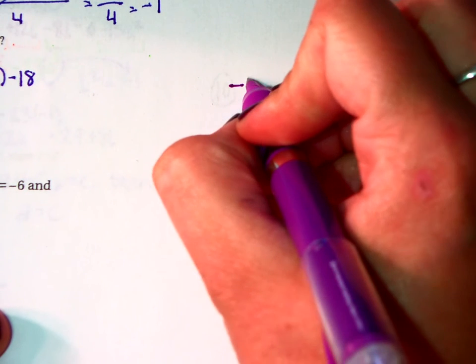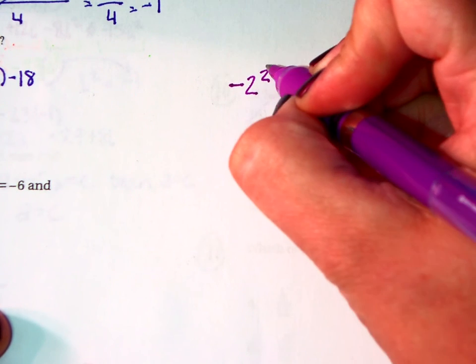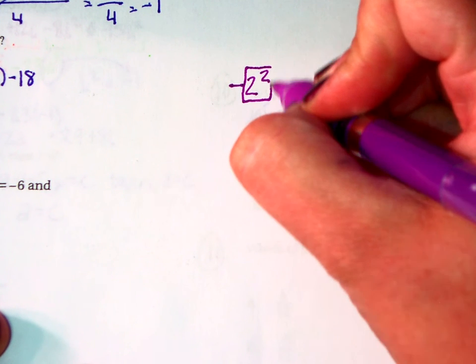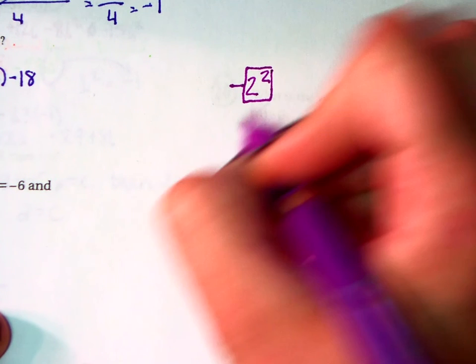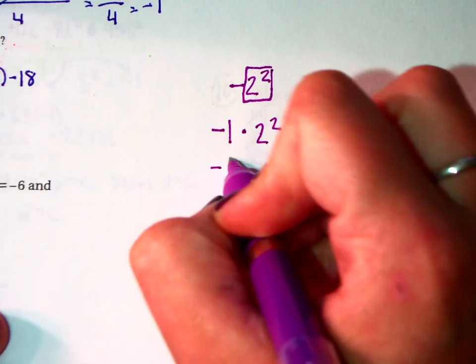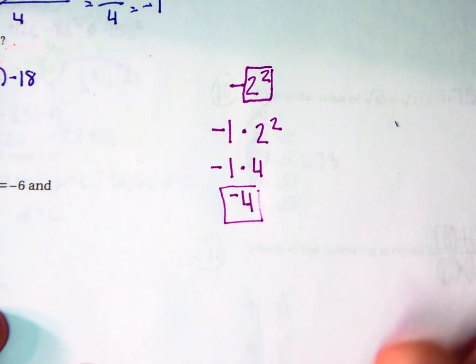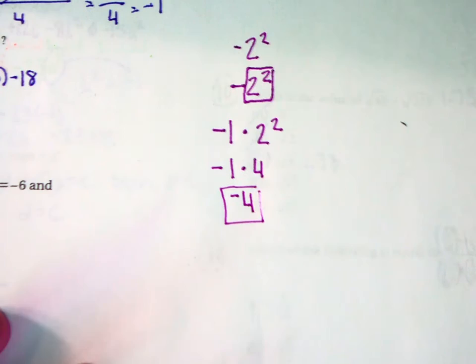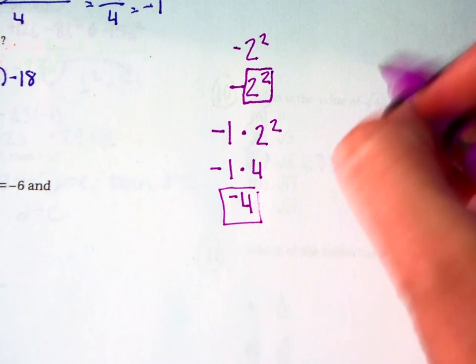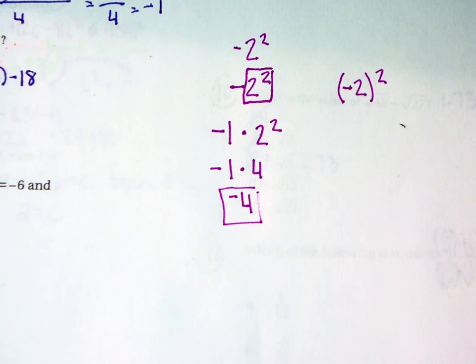If I have negative 2 squared, your calculator only does what is closest to the exponent. It thinks you want it to do negative 1 times 2 squared. So negative 1 times 4 is negative 4. And that's if you do it like this, if you don't put parentheses. But in your mind, you know that you want to do negative 2 squared.